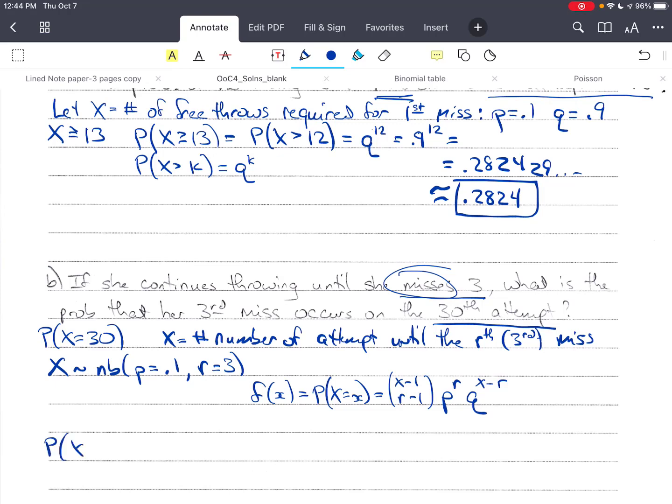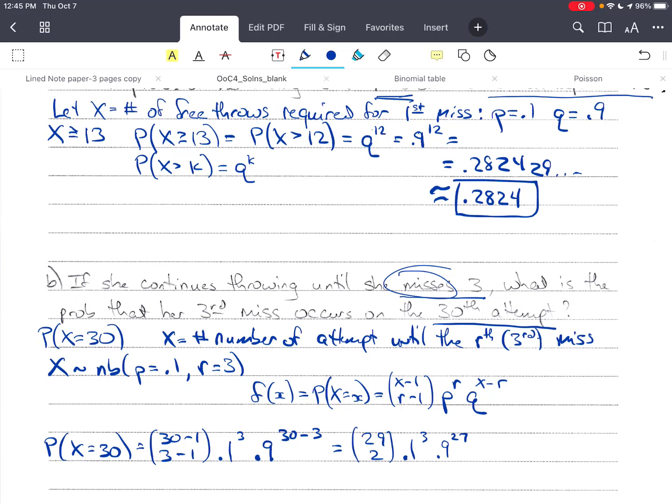So the probability X is equal to 30 is equal to 30 minus 1 choose R, which is 3 minus 1, P is 0.1 to the 3, which is R, Q is 0.9 to the 30 minus 3. So we end up with 29 choose 2 times 0.1 cubed times 0.9 to the 27th.